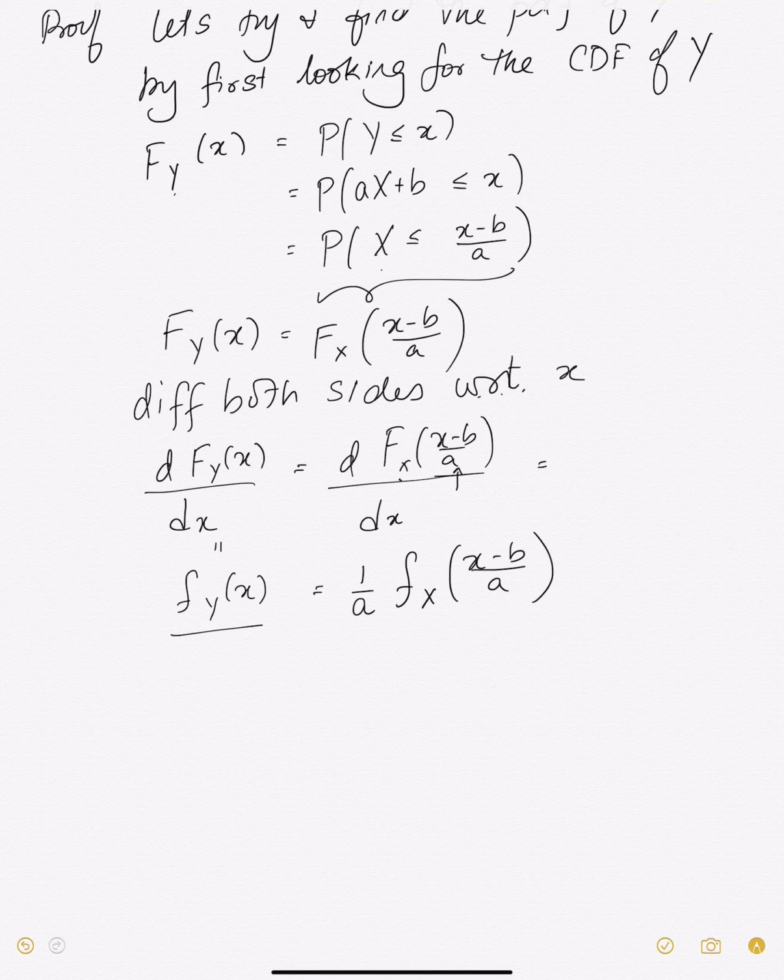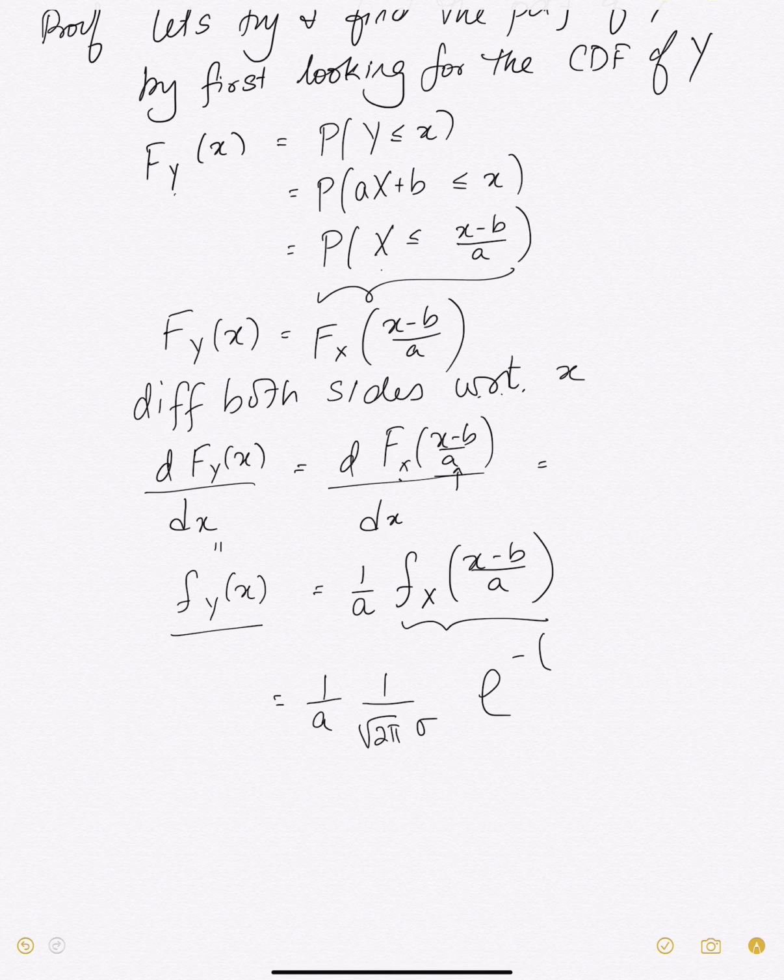So there we go, we have the PDF of Y now. What we need to do is take the PDF of X, evaluate it at (x minus b) over a, and multiply it by 1 over a. So 1 over a times 1 over square root 2 pi sigma, e to the minus.